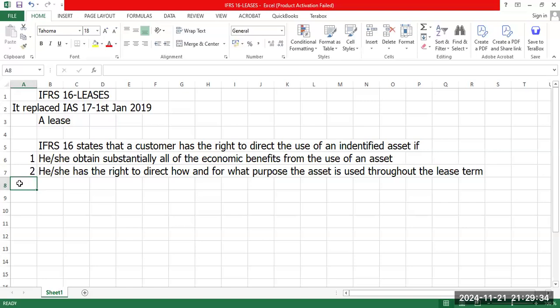So these are two conditions. For you to say that a customer has the right to direct the use of an asset, we must look at these two conditions.